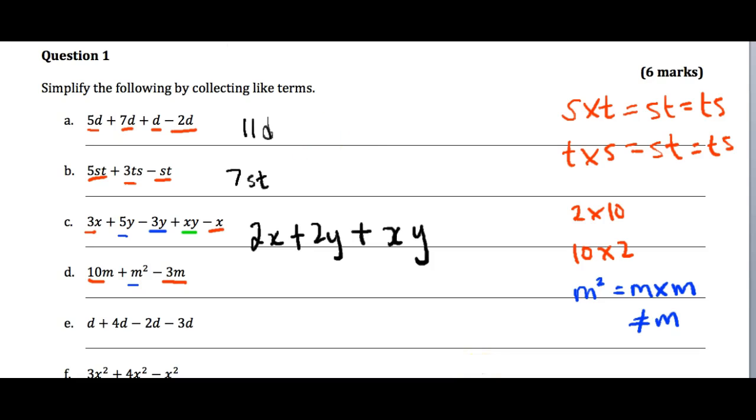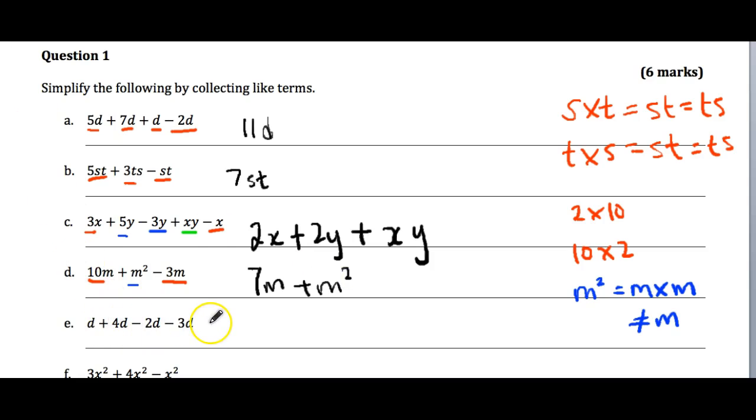All right, let's add them together. 10m and minus 3m gives me 7m, and then we've just got 1m squared, so we'll just go plus m squared.